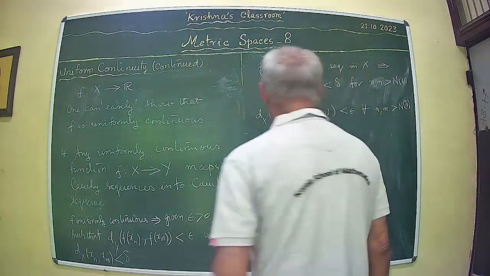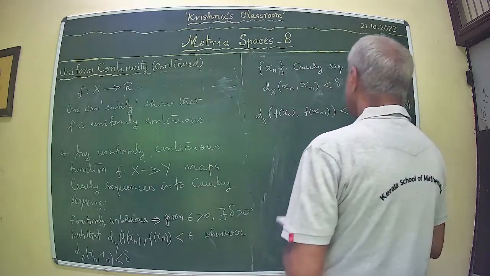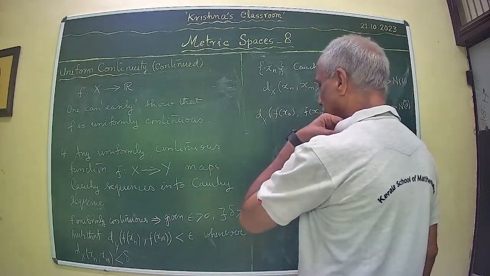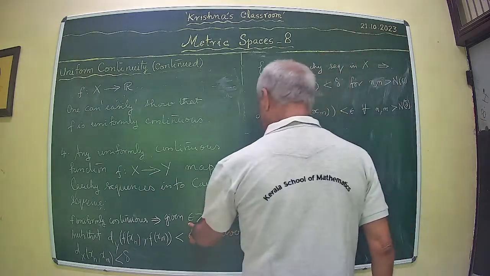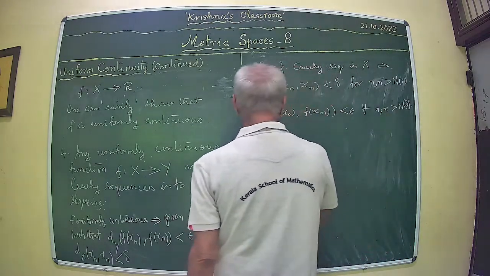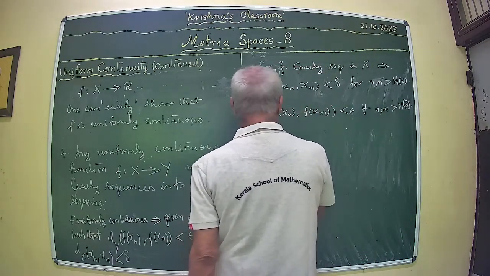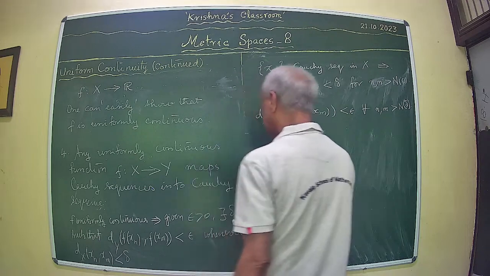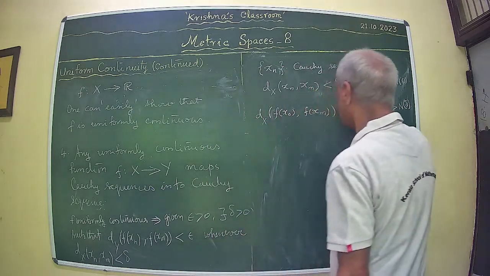Okay. So what we do is we start with an epsilon positive. So begin with an epsilon positive, compute the delta, and then use the Cauchy property.